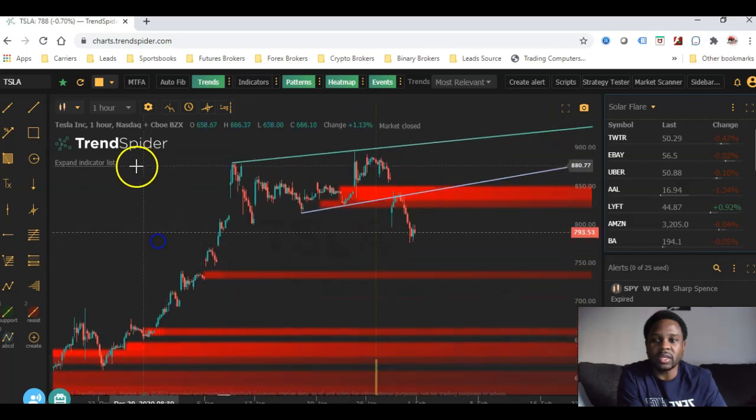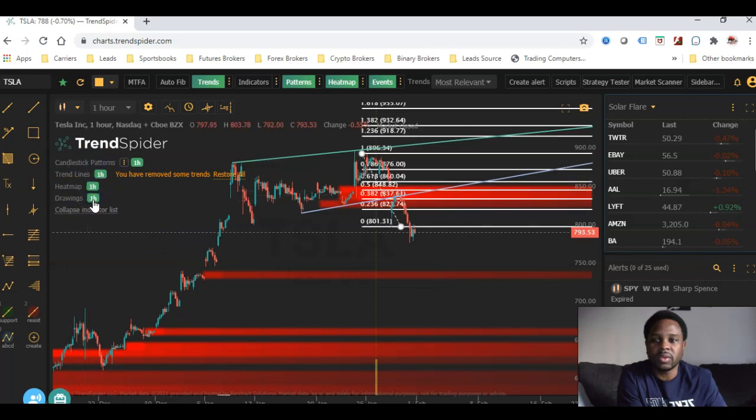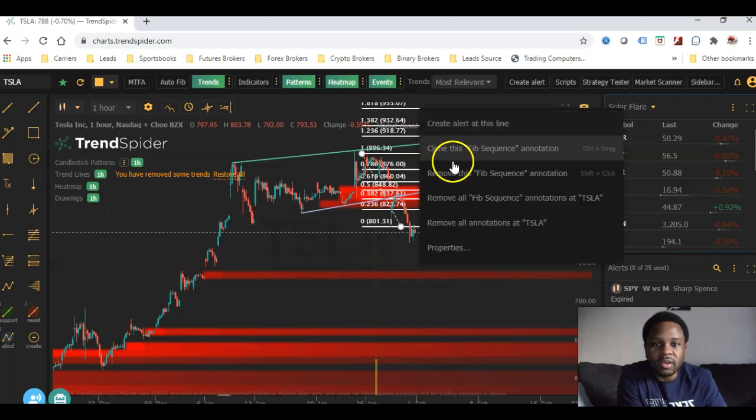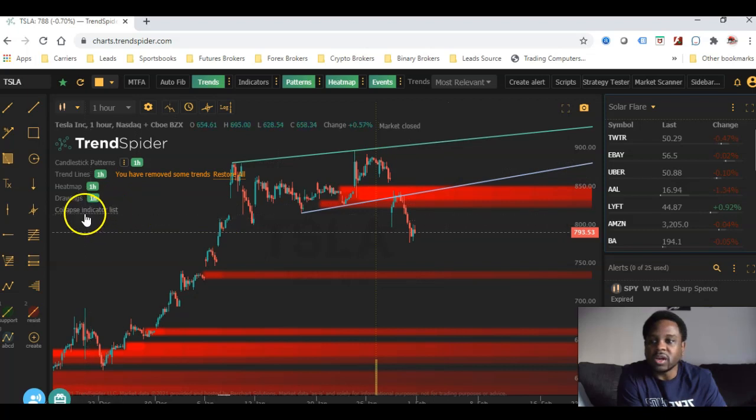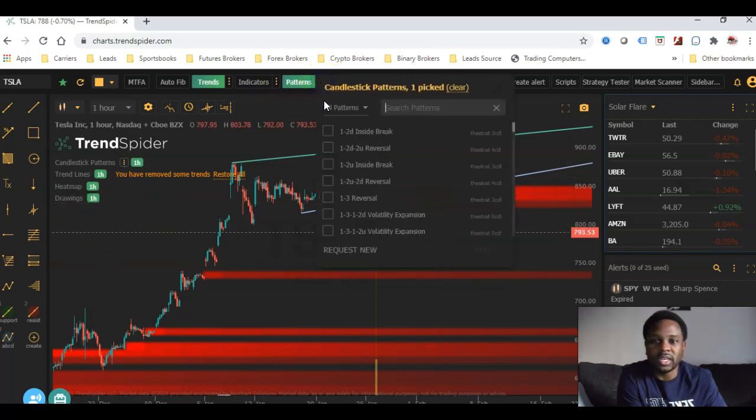Let me make sure my drawing's back on. How do I take this off? Oh, there we go. Looking at it here, no evening doji stars, or whatever we just said, that we were looking for.